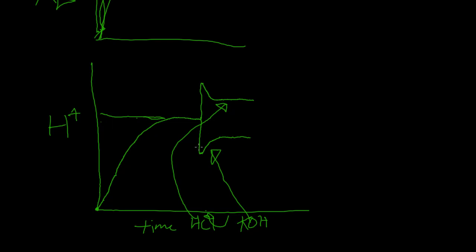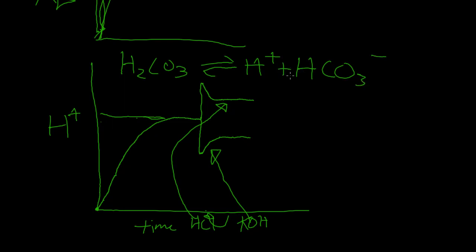But we can see in both cases, the buffer, the weak acid buffer, so this is in the reaction, H2CO3 goes reversibly, of course, to H plus plus HCO3 minus. In both cases, the presence of this weak acid, it could be a weak base as well, it works exactly the same way, is that the fact that it's there mitigates a change.